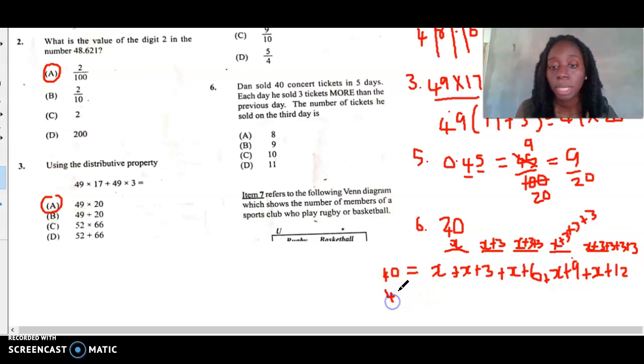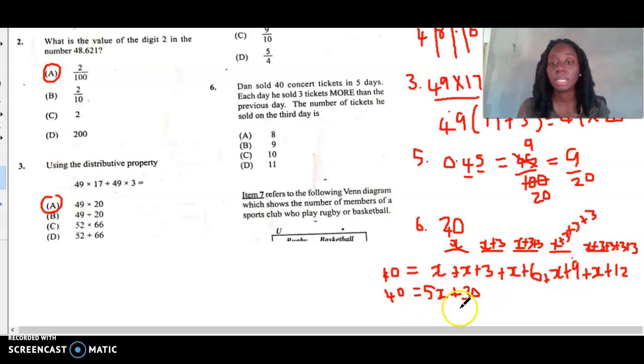So 40 is equal to 1x, 2x's, 3x's, 4x's, 5x's, so that would give me 5x. After grouping the x terms, I can group the constants. I have 3 and 6 is 9, and 9 is 18. Then 18 and 12 gives me 30.